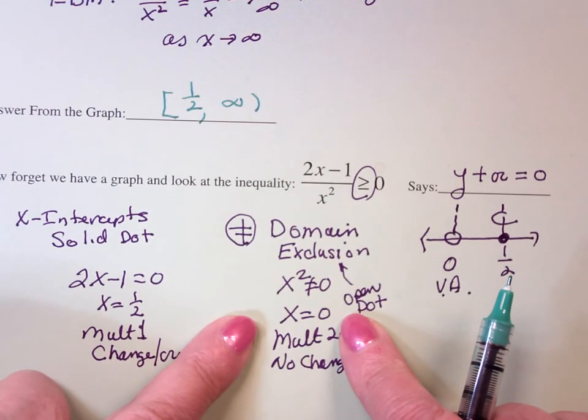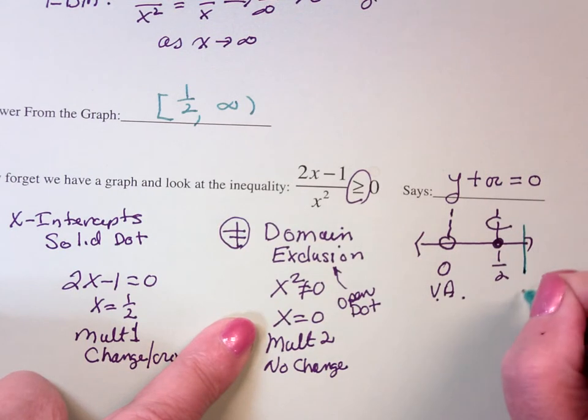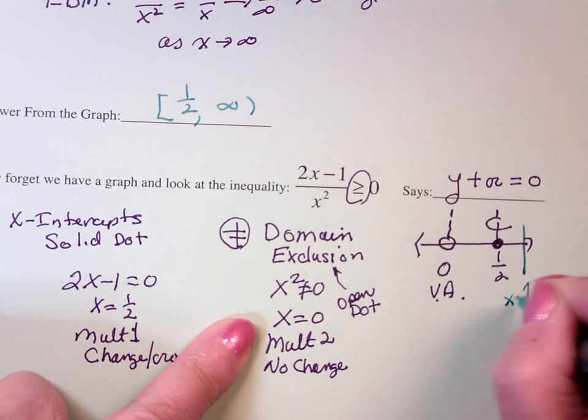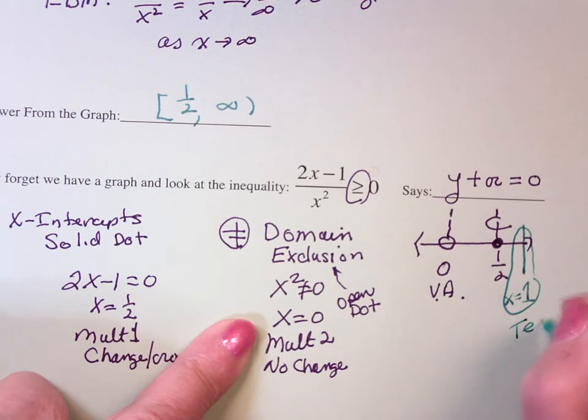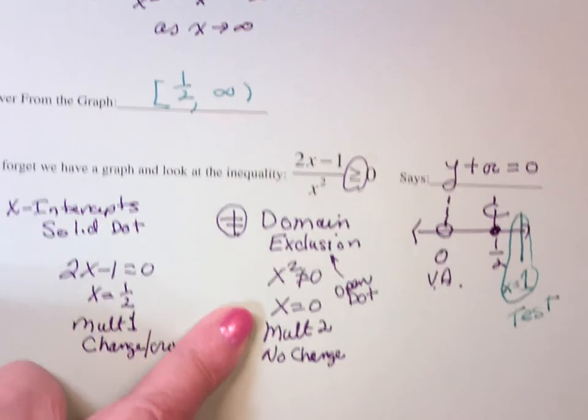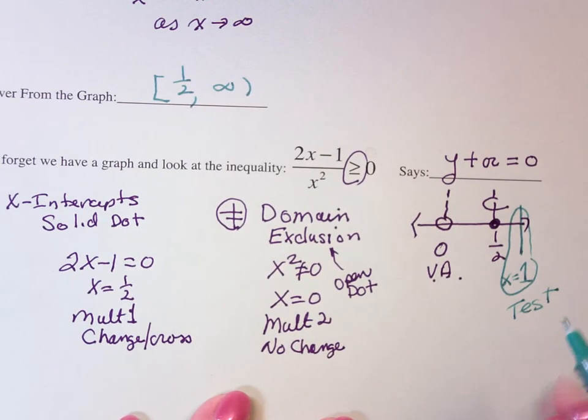They're there. Now I pull a test point, and my second favorite is available to me, which is x equals 1. That's going to be my test. So if x equals 1, I want to know is the graph positive or negative. I'm going to have 2 times 1 minus 1 over 1 squared, which is 2 minus 1, which is 1, over 1 squared, which is 1. It's positive.